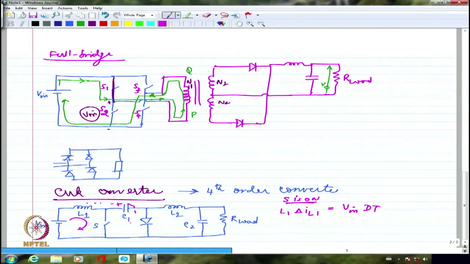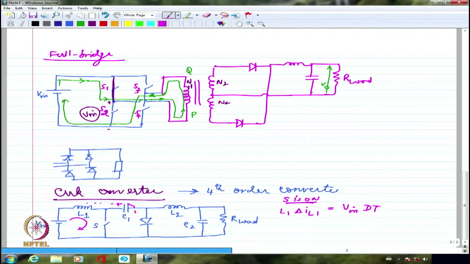So the capacitance would have gotten charged anyway to a value which is slightly greater than V in, because the inductance stored energy will also be dumped into the capacitor, right? Because this current will continue even after the capacitance has been charged to V in. So the inductance current will continue, because of which its energy will be dumped into the capacitor C1.